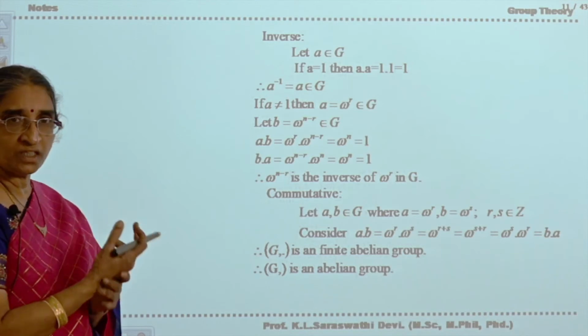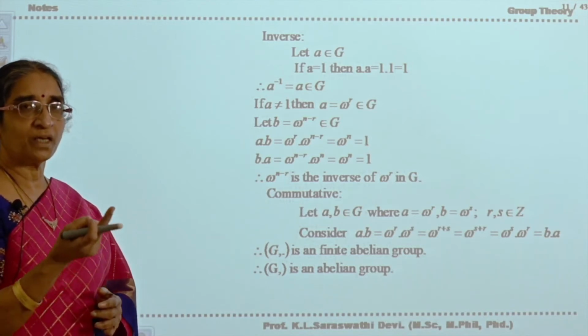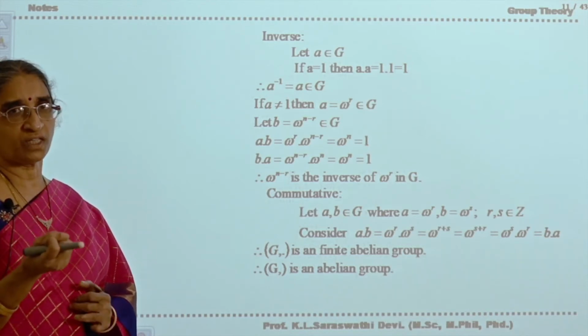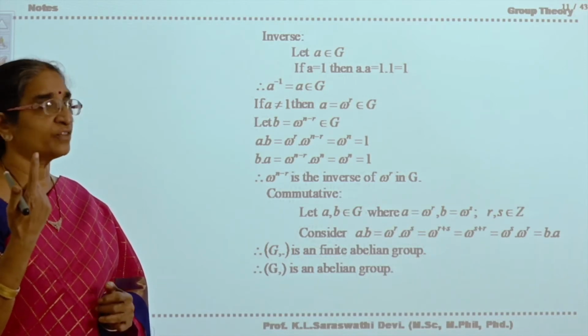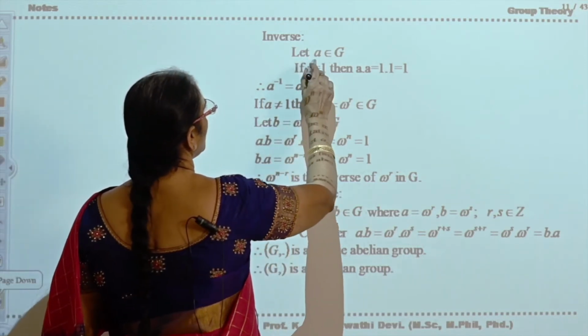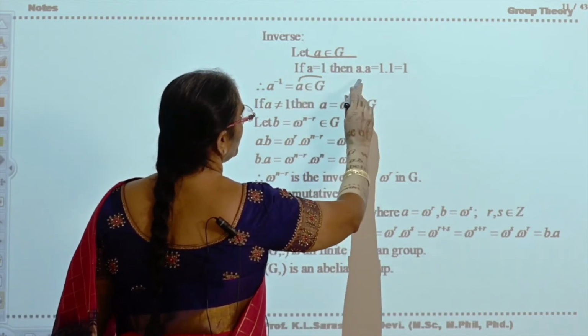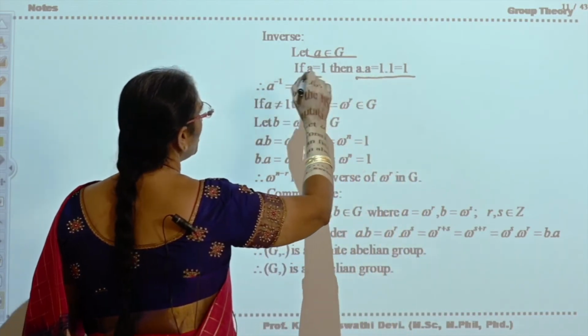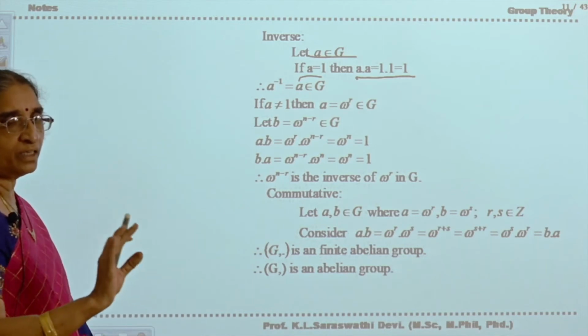Now, identity exists, closure is satisfied and associativity is satisfied. What is left is the inverse. Let a belong to G. If a is equal to 1, then a dot a is 1 into 1, so 1 is the inverse of 1, which is okay.